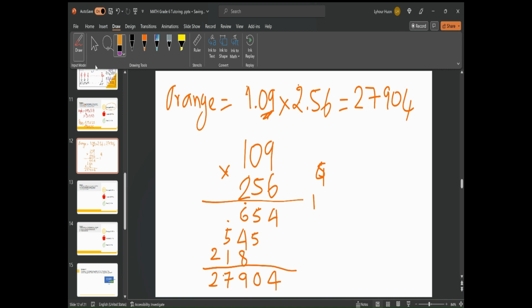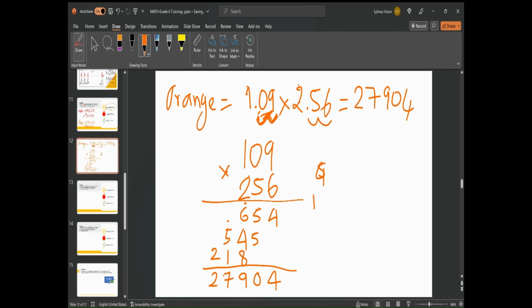Yeah, the decimal should be there, but I want to confirm. Now we have the decimal. This term has two digits after the decimal, right? Second term, we also have two digits after the decimal. So in total there are four digits after the decimal.